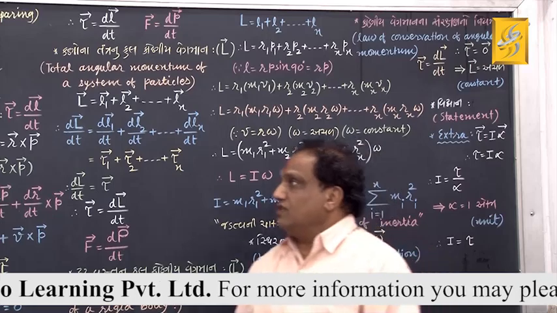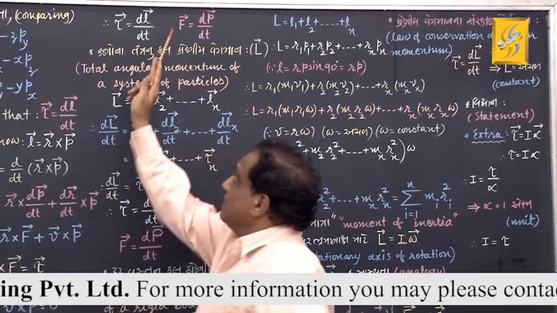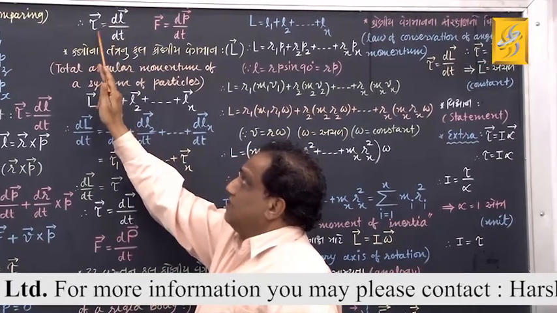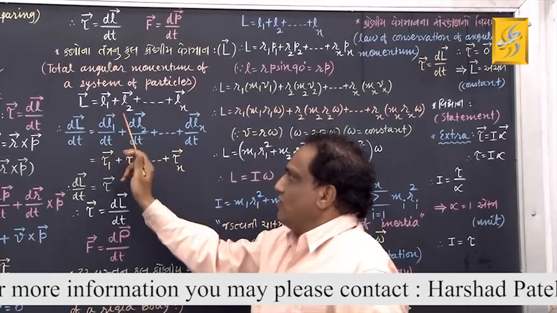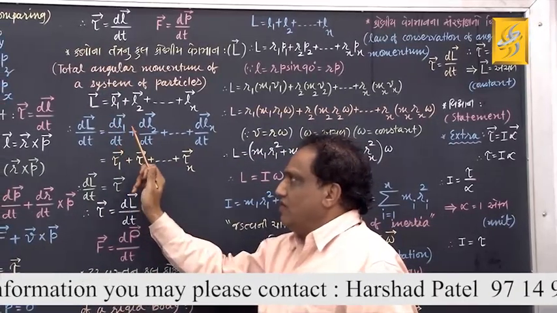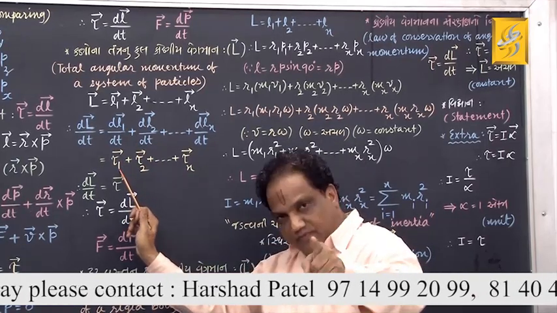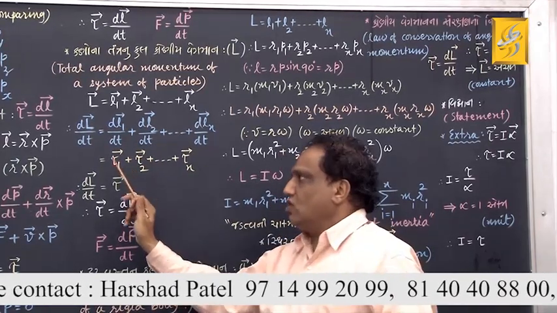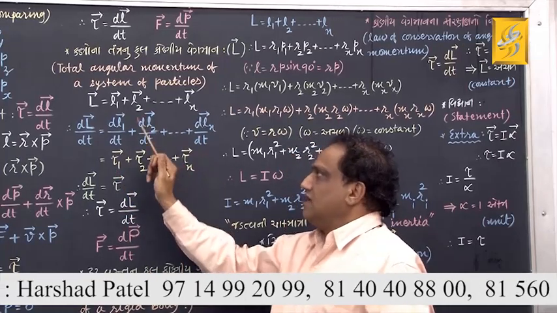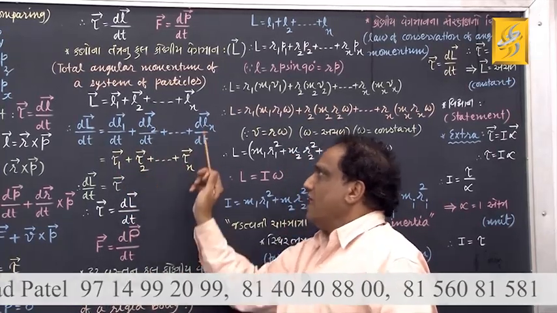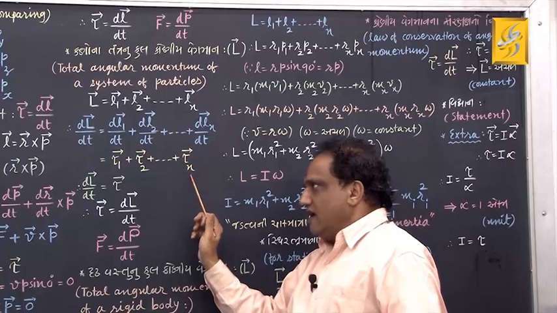Tell me, what is vector dl by dt? Just now we have proved it is nothing but vector tau. So if you are talking about the time rate of change of angular momentum of the first particle, it will definitely give you the torque exerted on the first particle. Let it be shown by symbol vector tau 1. Similarly, this gives you vector tau 2 and this gives you vector tau n.